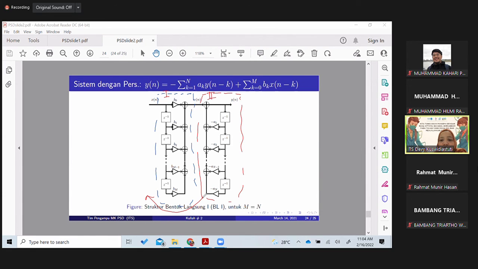Then you could change the order and bring the second subsystem to here. And then you could see that you could save up the memory requirement. We can halve what you actually need in the direct form 1.